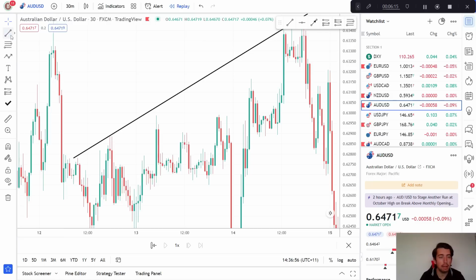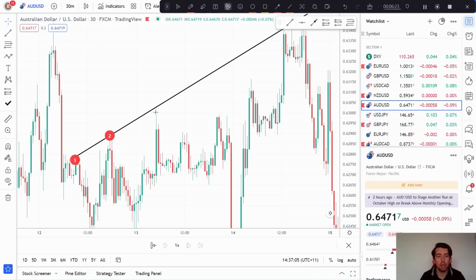Only 3.8 pips. So we are going to consider that a definite touch. So we would have 1 test, 2 tests, 3 tests, 4 tests. Right? So that is how you determine where resistance is within the market.